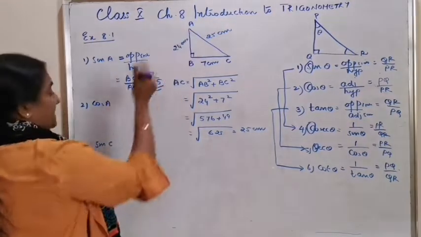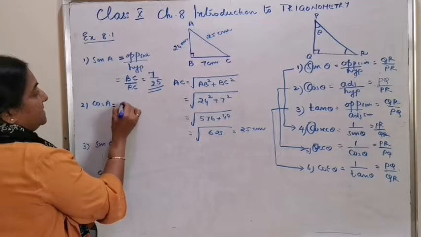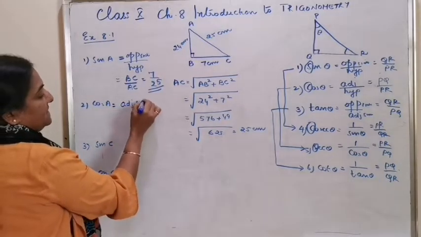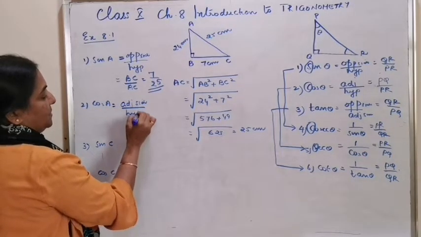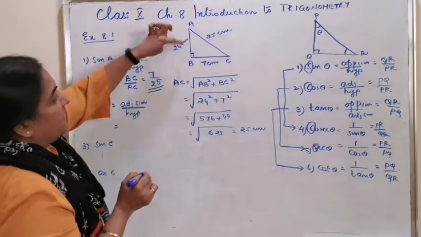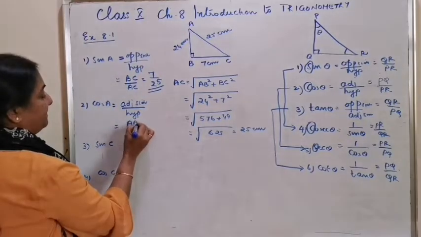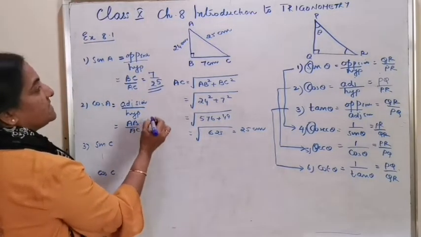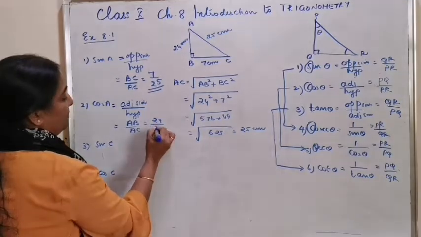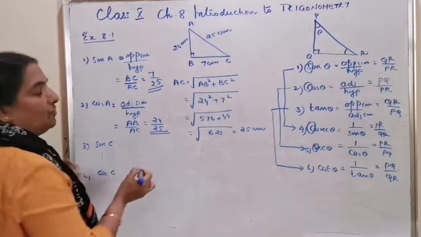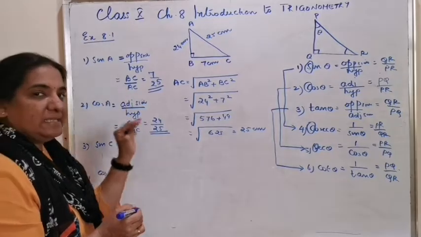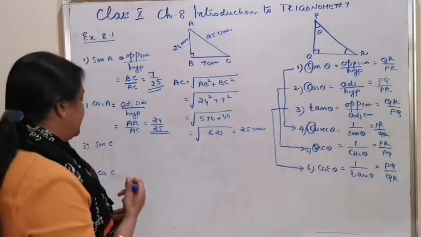Cos A. Cos is the ratio of adjacent side by hypotenuse, which is the same as AB by AC, which is the same as 24 by 25. No need of centimeter, it's only the numerical values.